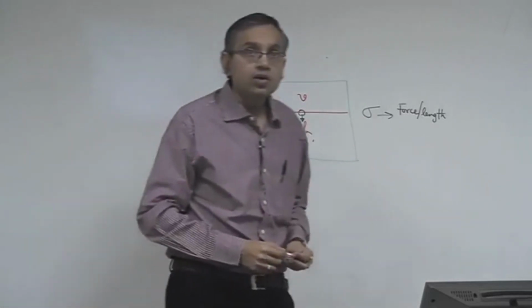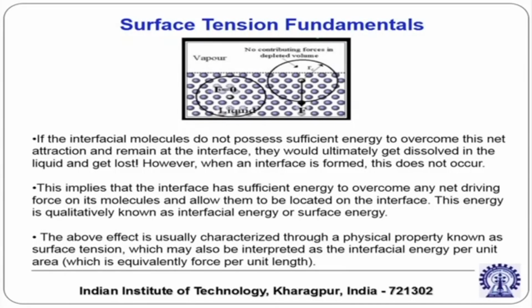So, this is what is summarized in this view graph. You can see that there is a volume element which is identified, and that volume element cuts across the interface, and we see that there is a differential force, or extra force, towards the liquid as compared to the force towards the vapor because of the differential density.